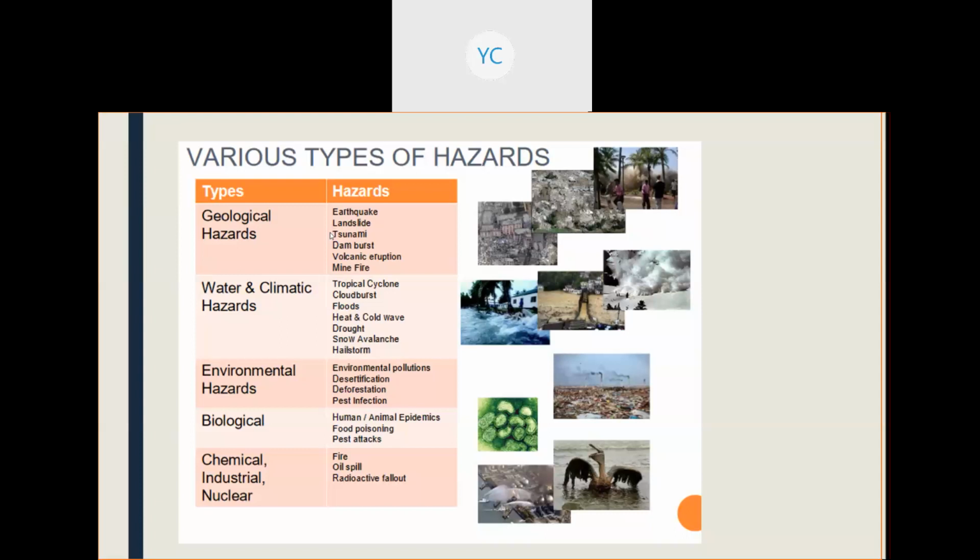That means it has a probability of occurrence of 1 divided by 100. So how much is 1 divided by 100? 0.01. That means this particular flood has a probability of 0.01 of occurrence in any given year, over a period of 100 years.